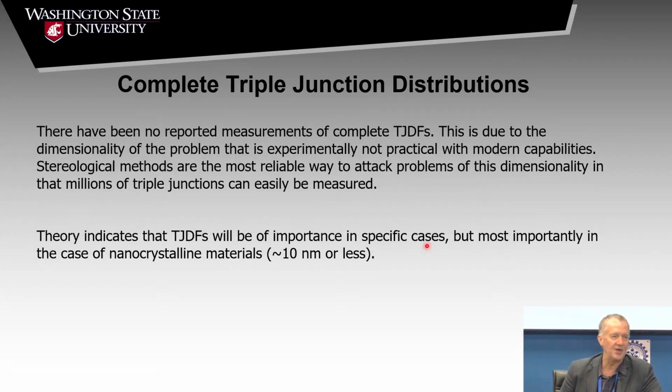And maybe from these reduced descriptions, we can learn something about whether triple junction texture is actually a feature that is controlling in deformation of nanocrystalline materials or in precipitate growth. So far, 11 dimensions is not going to be possible. 10 to the 11th measurements we're not going to be able to do. Maybe in the future we can, right?